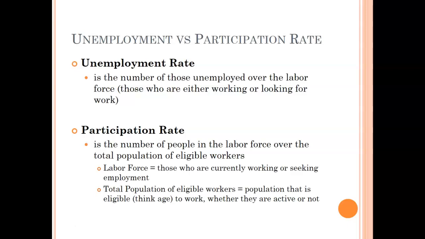It tells us something slightly different, and it acknowledges the discouraged workers concept, so it is used in different places. Again, the labor force is those who are currently working or seeking a job, over the total population of eligible workers, which is those who are working or not actively working but are of working age. For the United States, that would be 16 to 65.